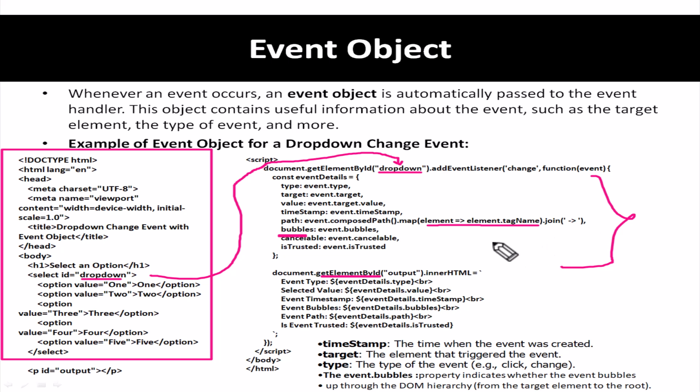Then we join the particular attributes: event type, selected value, timestamp, event bubbles, path, and whether the event is trusted or not. If cancelable is clicked, then it will be cancelled. Next, we check whether it is a trusted event or not.